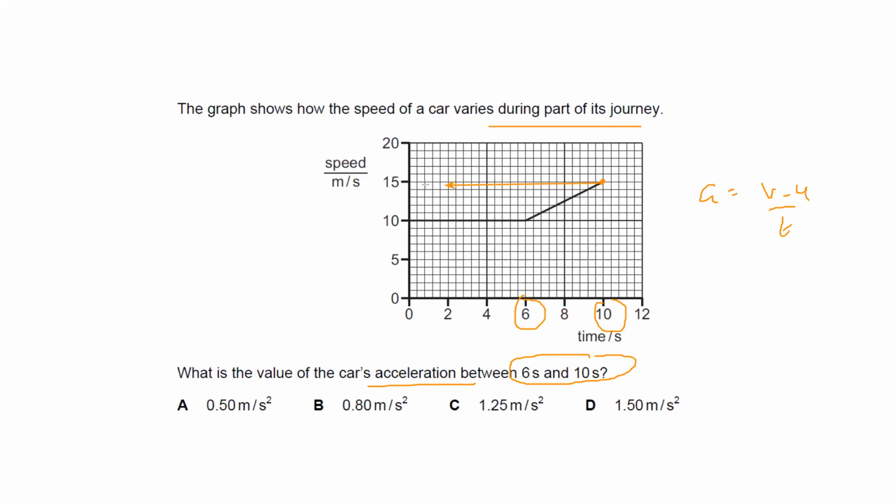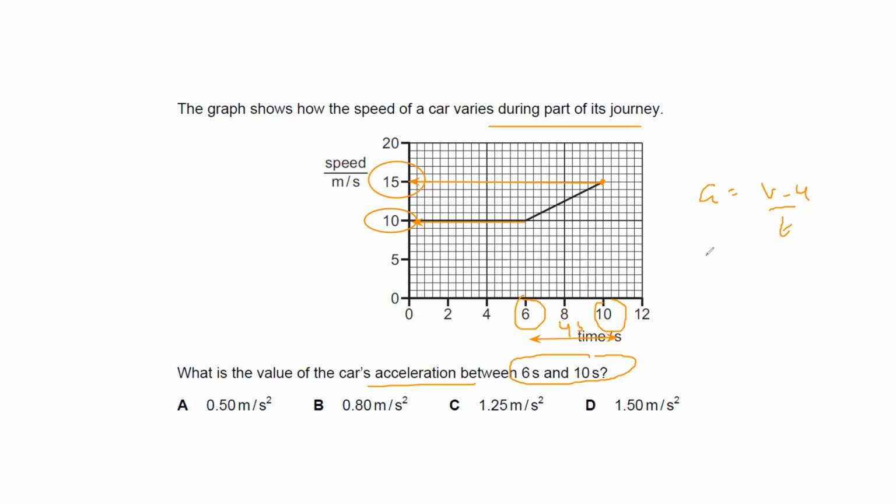So what is the final speed here? 15. u is the starting speed. At time equal to 6 seconds, what was the starting speed? That is equal to 10. And the time interval from 6 seconds to 10 seconds is equal to 4 seconds.